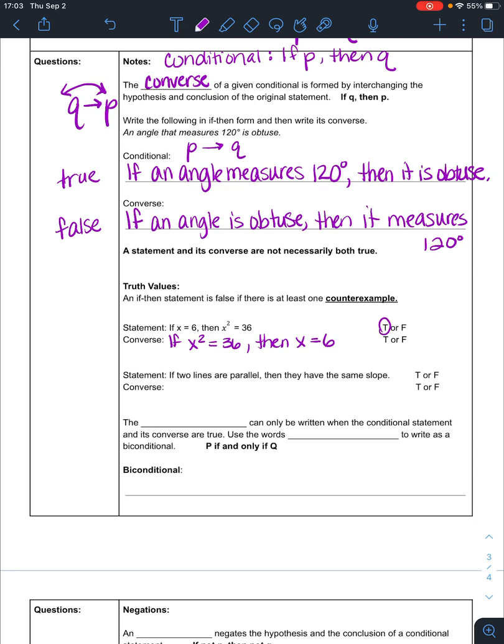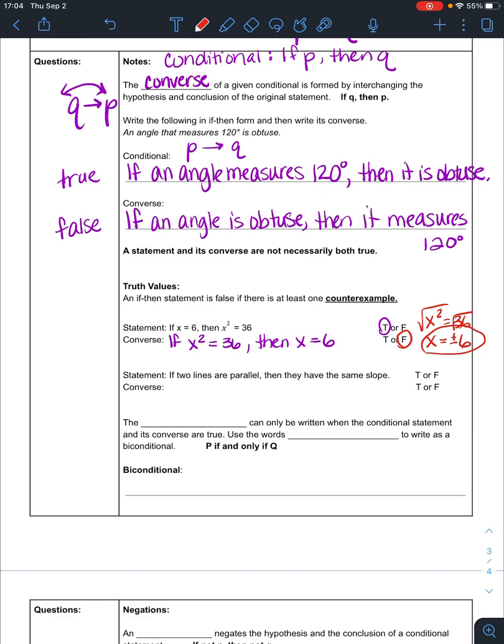Now I am saying that if x squared is equal to 36, then x has to be 6, and only 6. Well, don't forget, when we take the square root of both sides, reaching way back into algebra, that's actually plus or minus 6. So my converse is false. It isn't true. X could be negative 6.